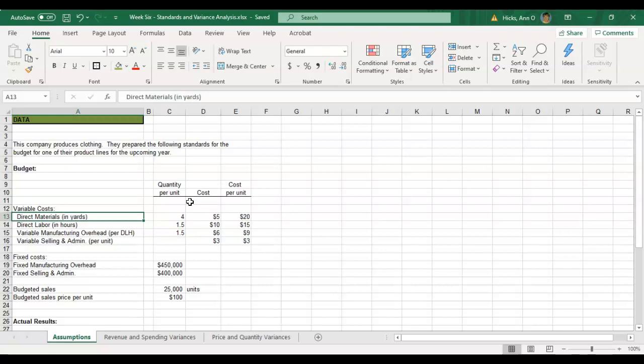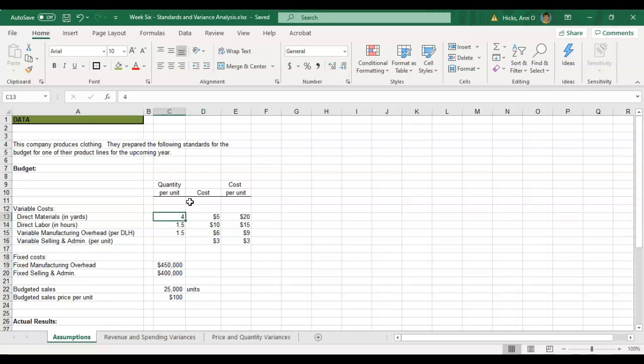So for direct materials, as an example, we have two standards. One standard is how much material we think we should be using per unit, and that standard is 4 yards per unit for this particular example. The other standard is how much we should be paying for that material, and that standard we identified as $5 per yard.